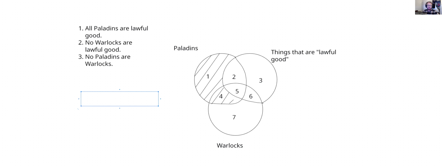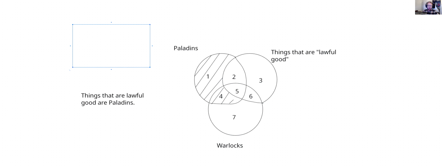And that's this circle. So if we were going to represent that circle, we wouldn't have to worry about 1, 4, or 7. We're not going to be shading anything with regard to 1, 4, or 7, right? The first category that comes up in the statement is the circle you've got to worry about. It's the circle you might be doing something to. So that's something to watch out for. Which circle are we talking about? Okay, it's the warlocks one. It's the first category that comes up.